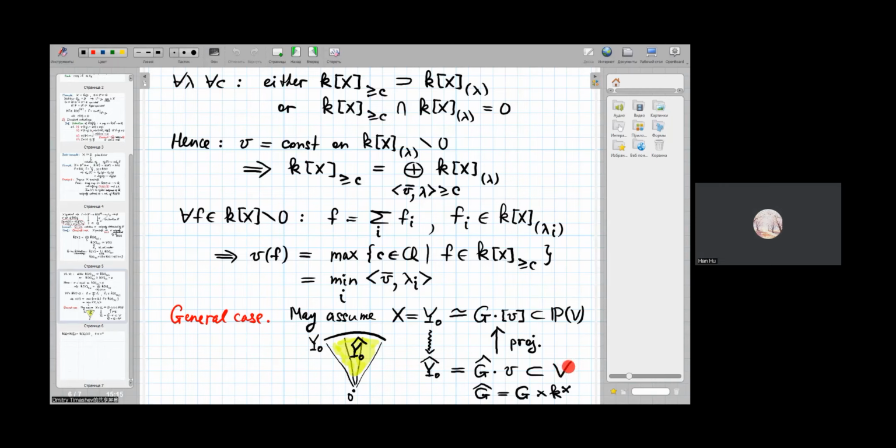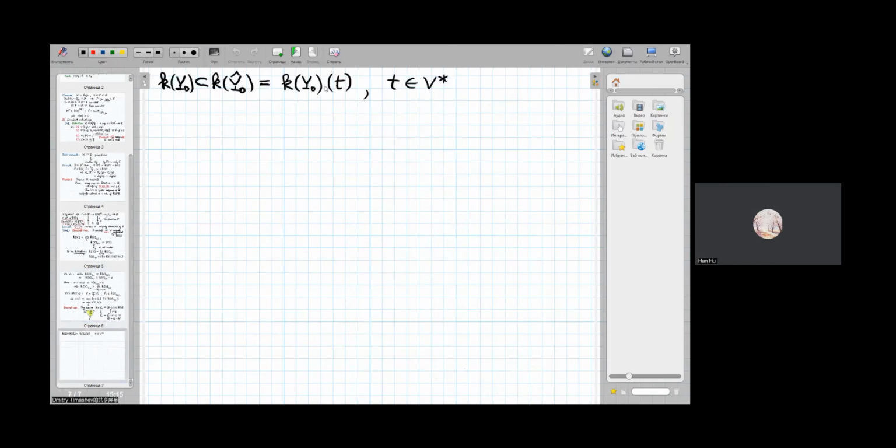You may just add one of the coordinate functions if you like. So it is a pure transcendental extension generated by this t, where t is a linear function on V.